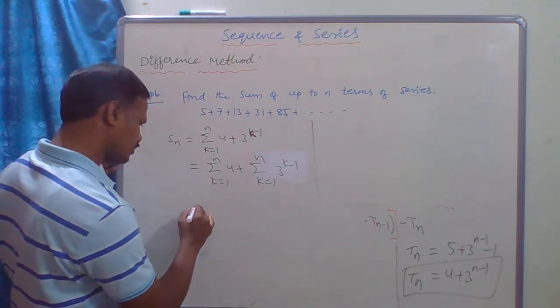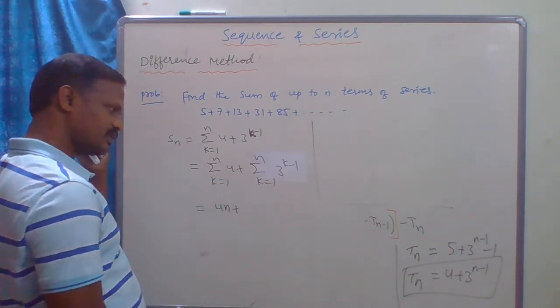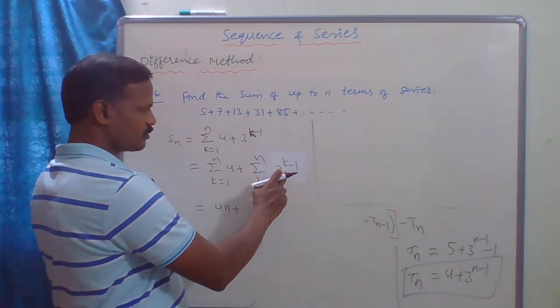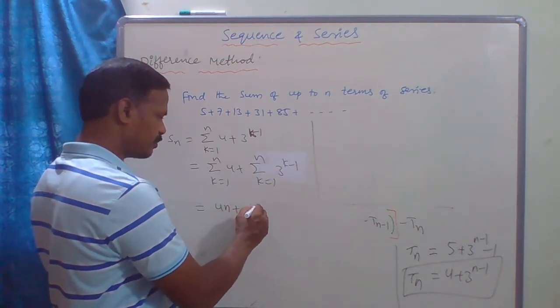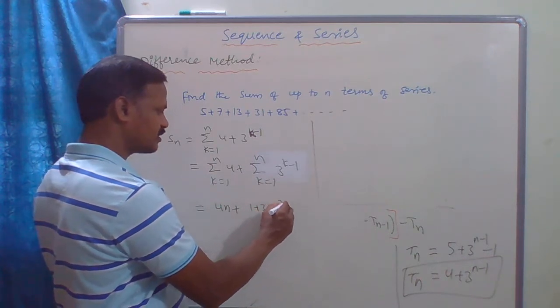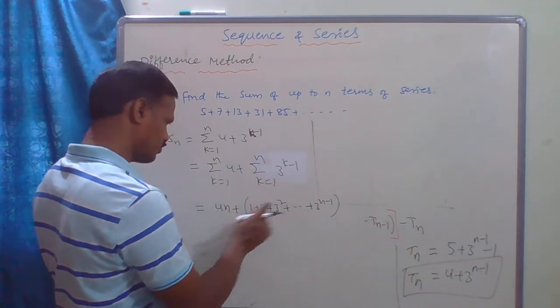Now the sum of the 4s up to n times is 4n plus, now this is, so k equal to 1, 3 power 0, 1. So 1 plus 3 plus 3 square plus so on plus 3 power n minus 1, which is a GP.